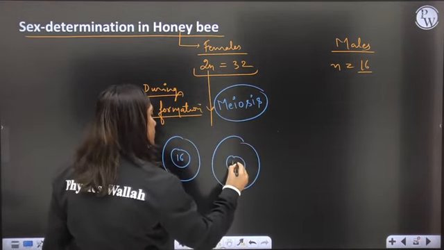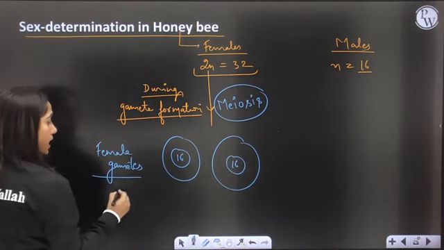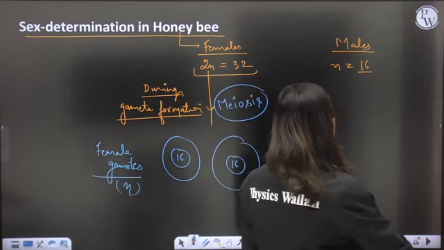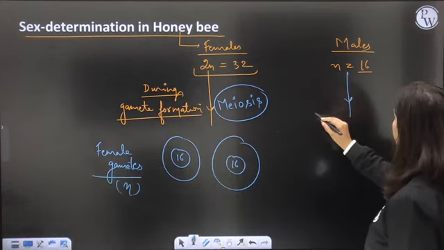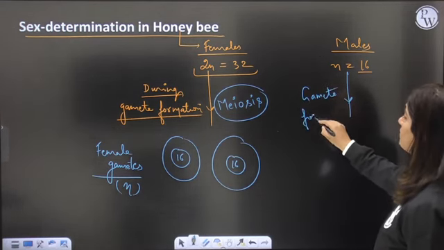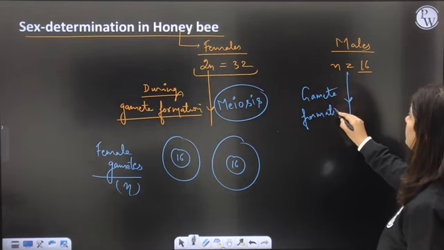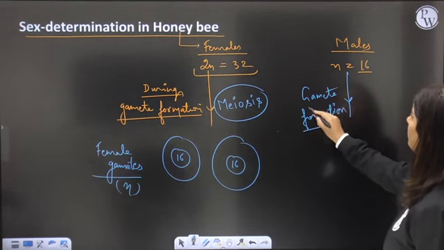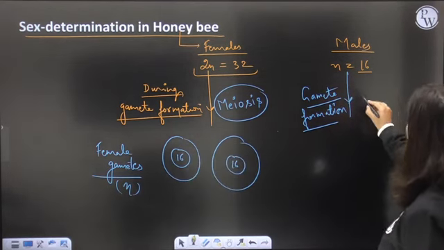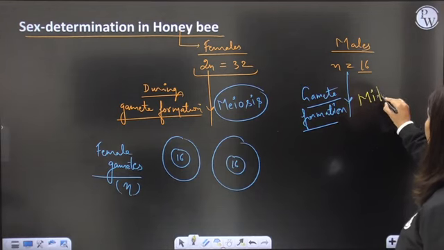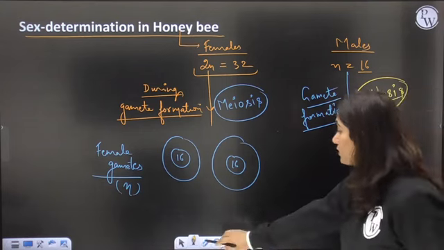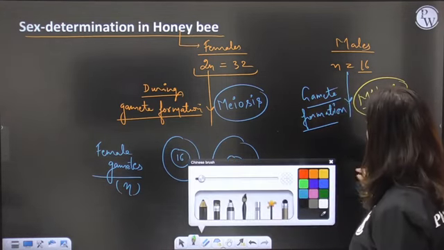Okay, so the female gametes are haploid and have 16 chromosomes. But in case of males, gamete formation is not by meiosis, because meiosis cannot occur in a haploid cell. So here the gamete formation will be by mitosis itself, and it is an equational division.